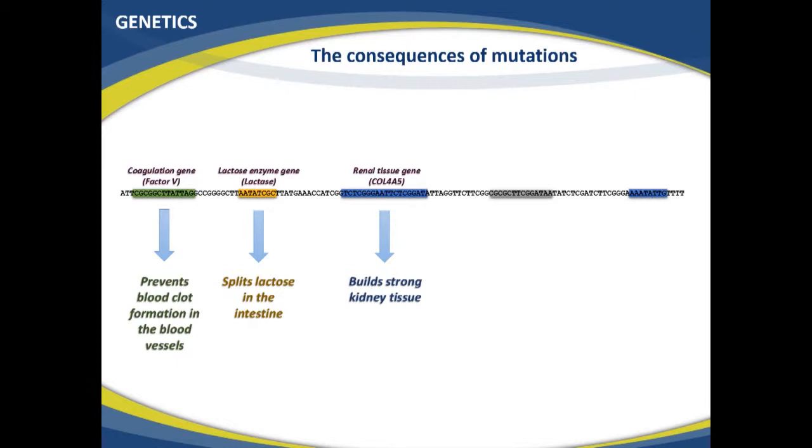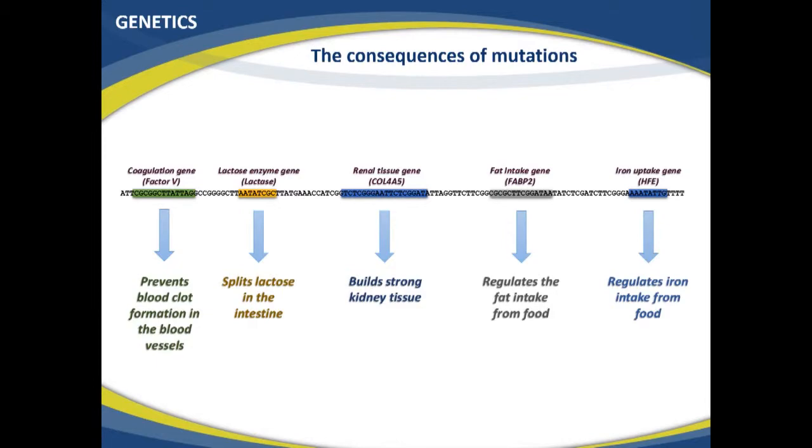Then there's a fat intake gene, which regulates how much fat we absorb from food. So we eat something fatty and it regulates how much of it we absorb. And there's an iron uptake gene, which absorbs iron from our food. So really there's usually one gene which has one or a few functions, and all of these together build the blueprint of our body.